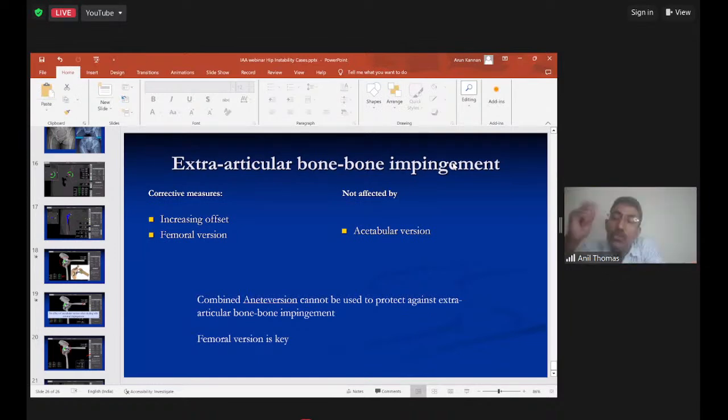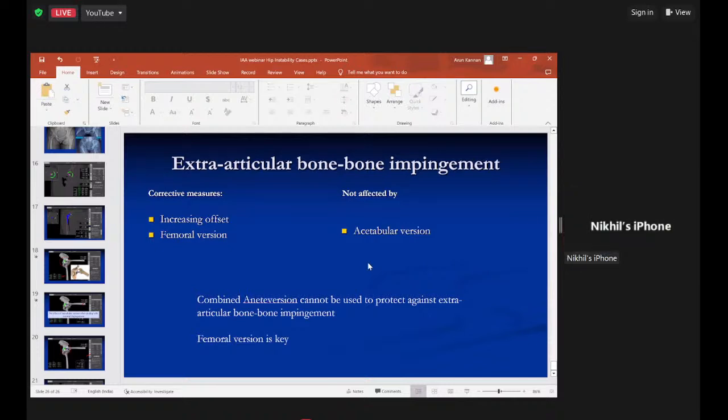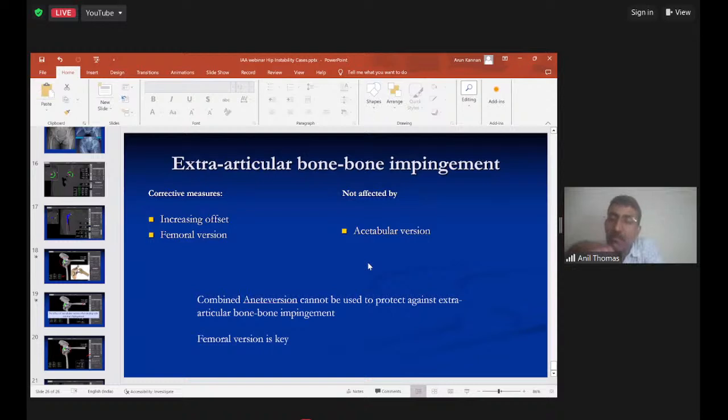Normally what happens, we finish the cup, and then when you come down to the stem... Yes, exactly. So does it come back to the same dictum that when we are in doubt, do the femur first? Yes. I think some people do it routinely, but the other way also is true. Correct. I agree with you.